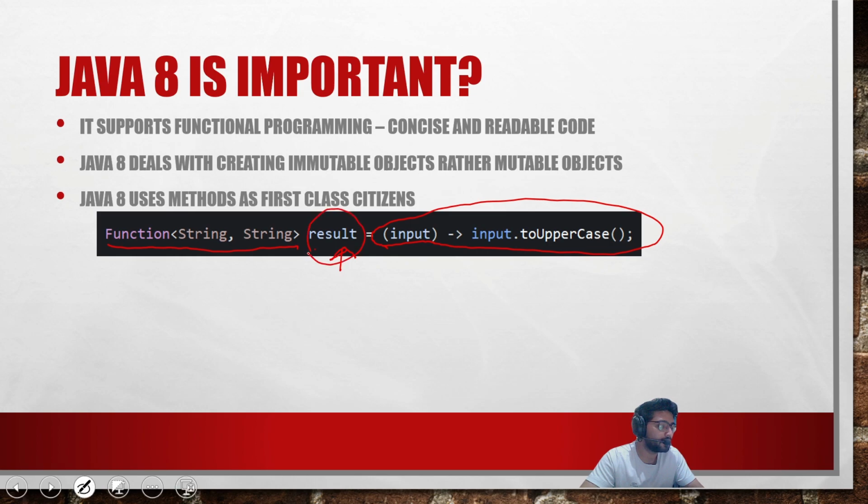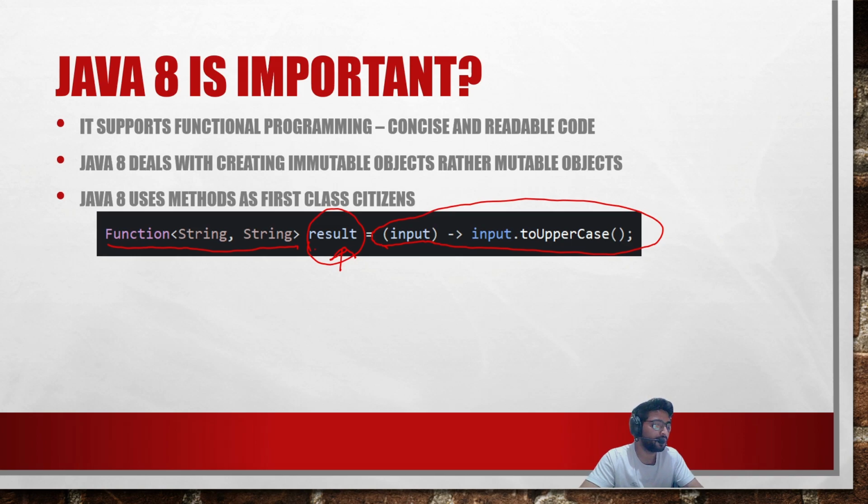You can pass this variable to any other method argument, or you can use it directly to show the result. So this is the way Java 8 uses methods as first class citizens.